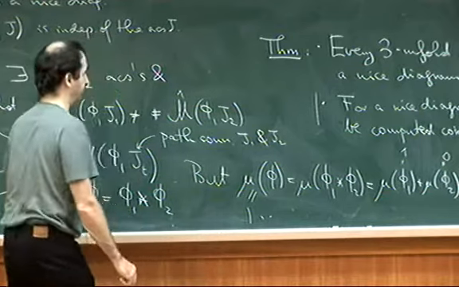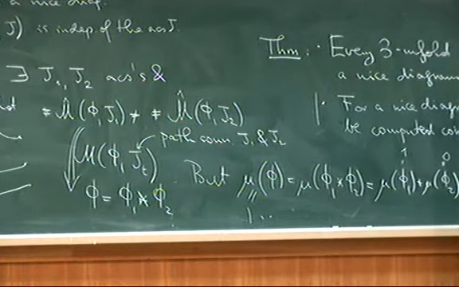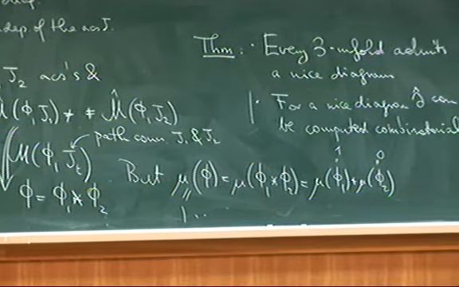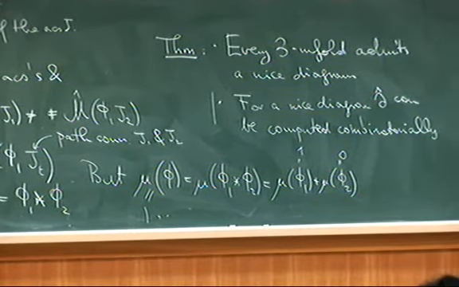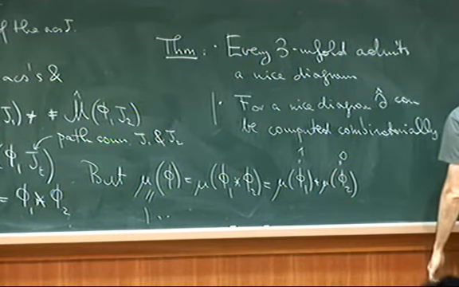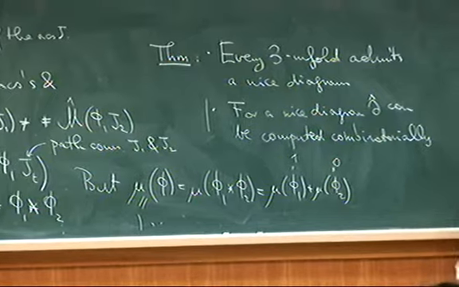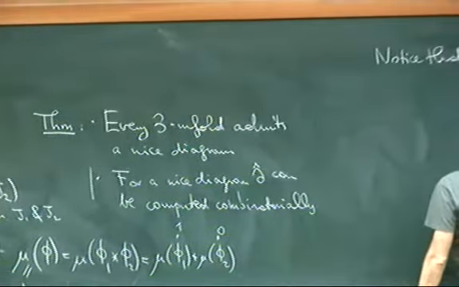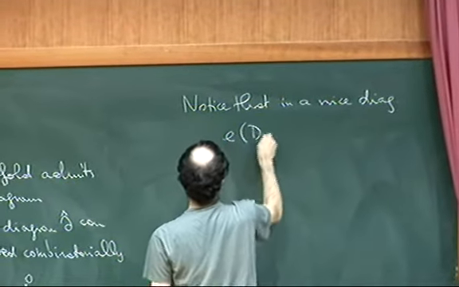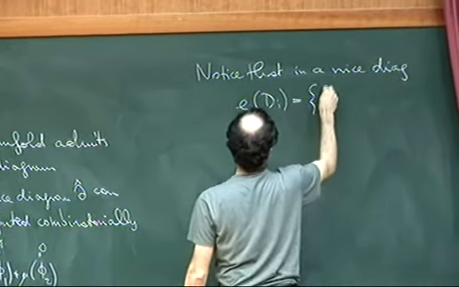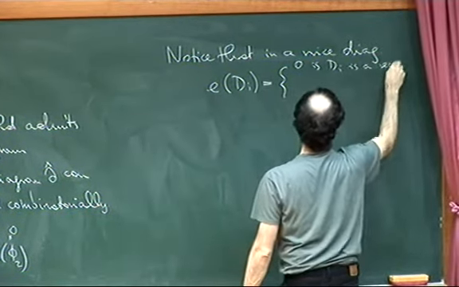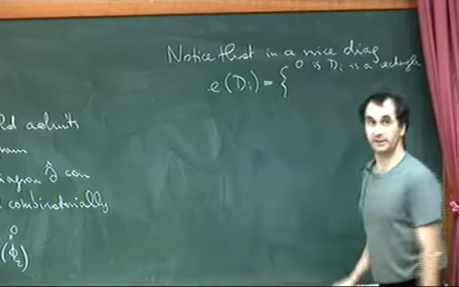Why is it a problem? Notice that in a nice diagram, the Euler measure e(D_i) is 0 if D_i is a rectangle, by the very definition.